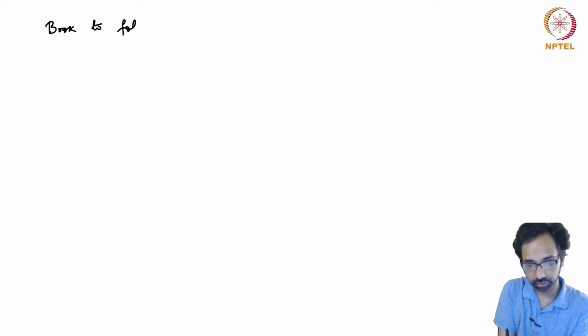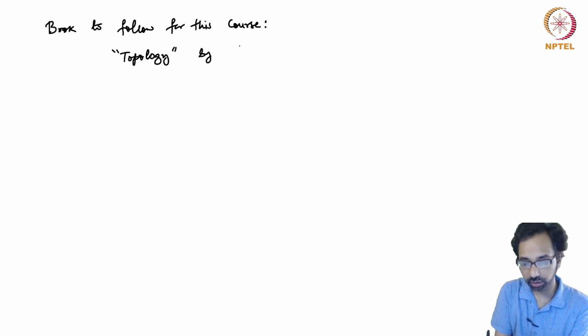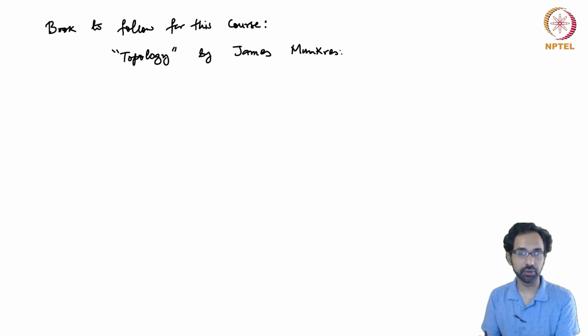The book is titled Topology, and the author is James Munkres. It is a widely used book, and you will easily find it available in your libraries. We will by and large follow this book. Some parts might be from other sources, but most of the material for this course follows this book.